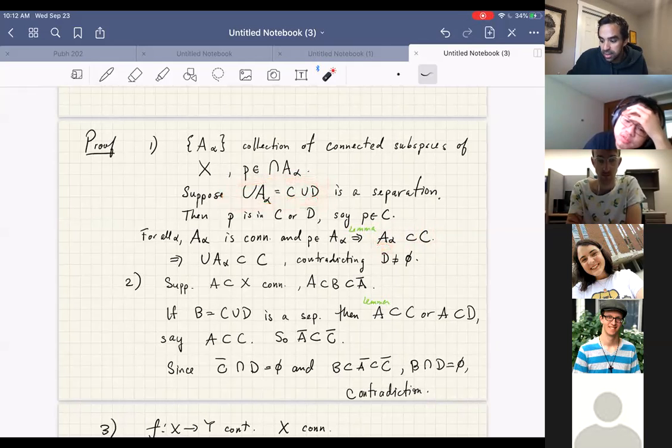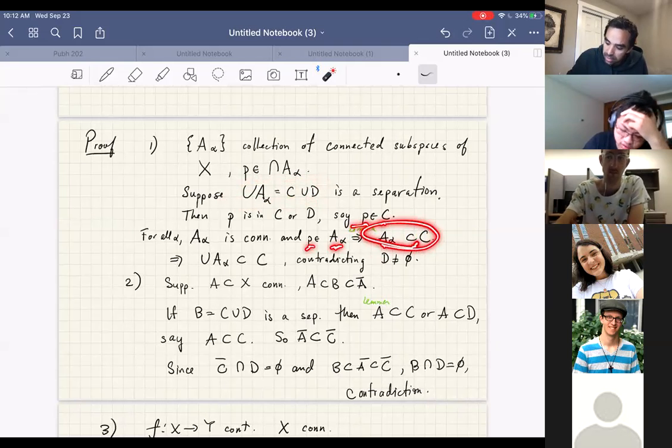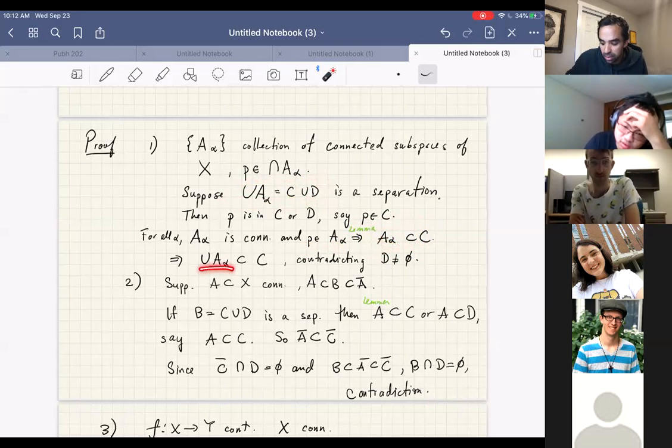But it has to be in C because P is a point of A alpha, and I assumed that P was in C. So since all of the A alphas are in C, the union of the A alphas is in C, and this would contradict the fact that D is non-empty.